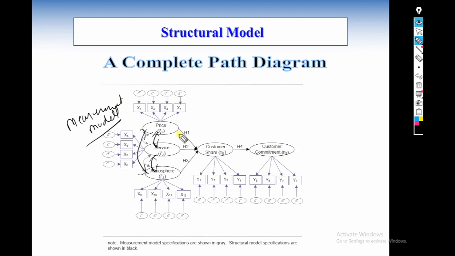And when we see the relationship between one construct and another, then it is a structural model. So in a structural model we find the relationship between one construct and another construct, one construct and another construct.